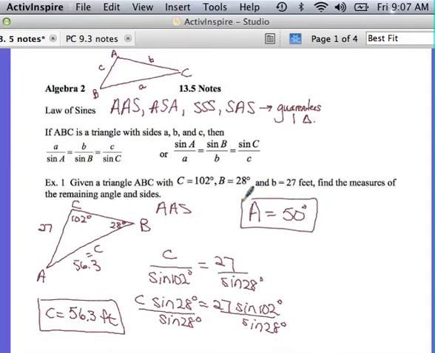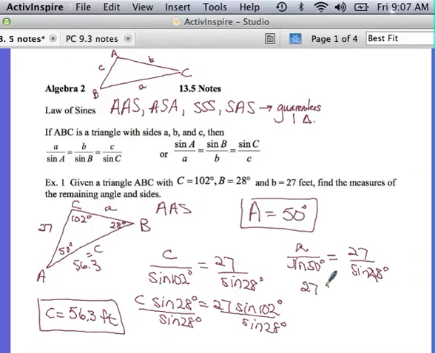All right, now we need to find side A. So I'm going to put A over the sine of 50 degrees equals, and then I'm going to use the 27 over the sine of 28 degrees. That is a 28 there. Okay, go ahead and cross multiply.